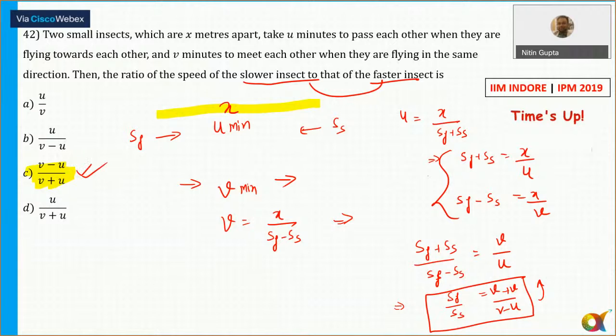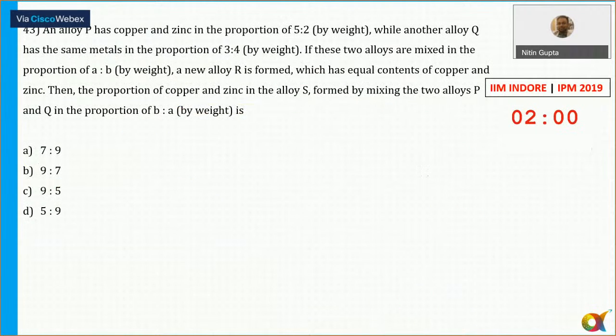Okay, let's move to question number 43. Three more questions are remaining. Now, 43 is based on mixtures and solutions.